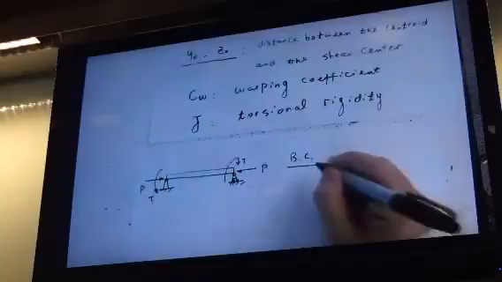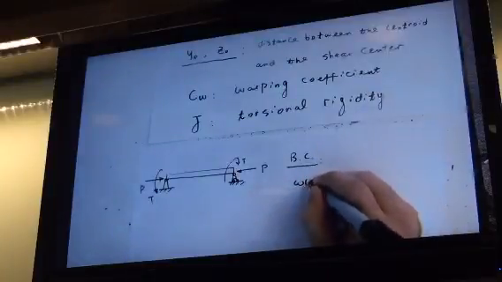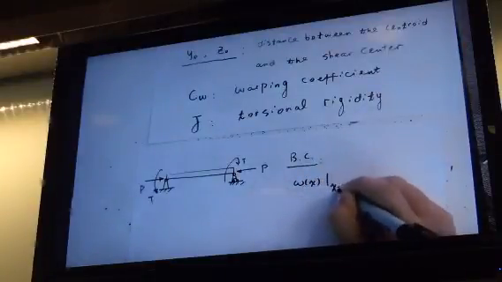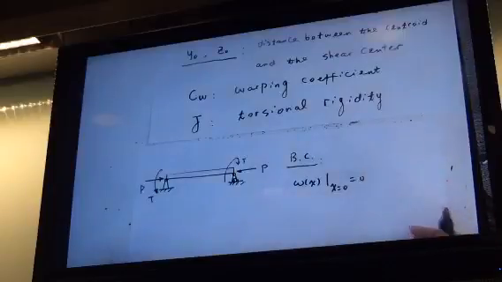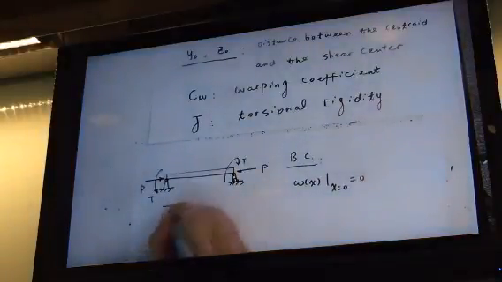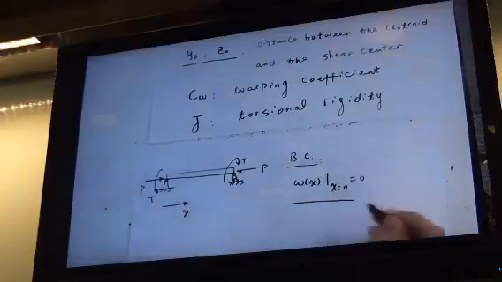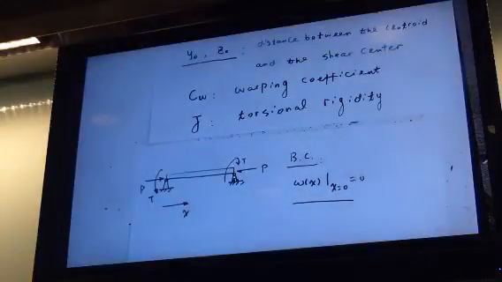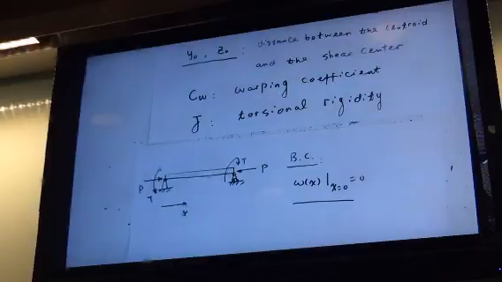The first boundary condition is W(x) at x equal to 0. This point is the x direction. This means the deflection at this point along the z direction is 0.